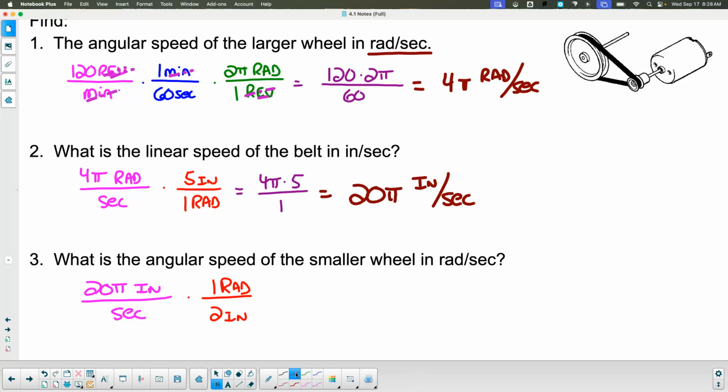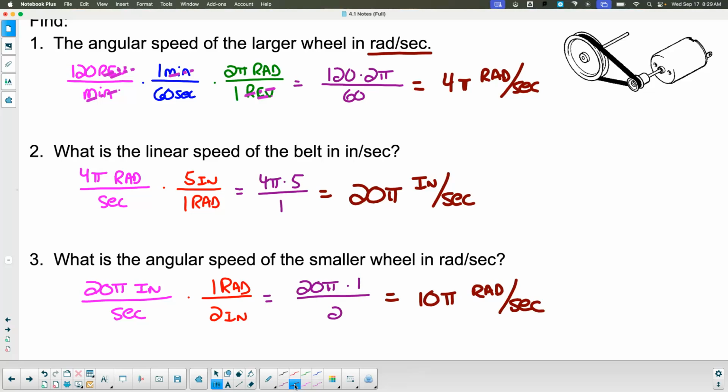So that is my conversion, 1 radian over 2 inches. So the smaller wheel is spinning at 10 pi radians per second.